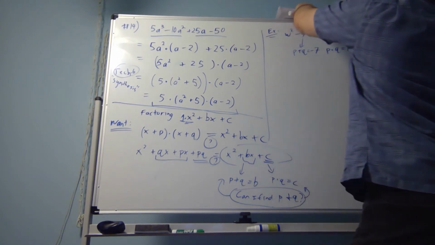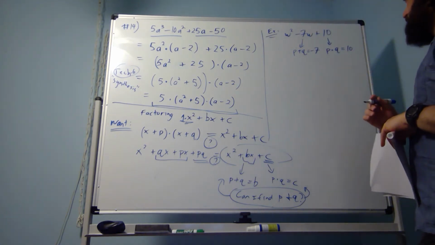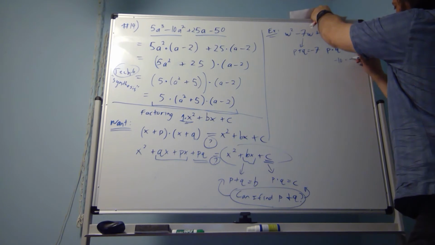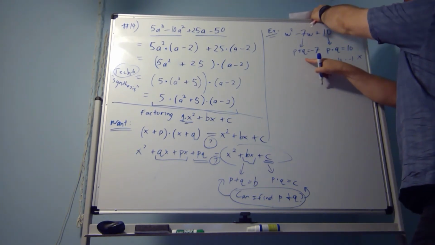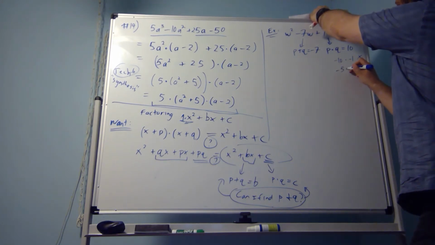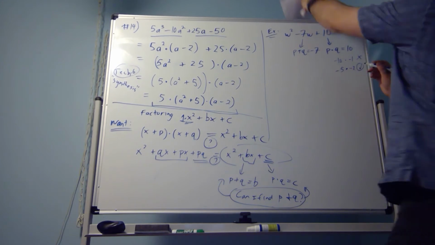So we know right away that we need negatives. Well, we want a positive result, so they have to both be negative. So it'd be -10 times -1. We add those together, we get something way too big. -5 times -2. Yay, that does it.